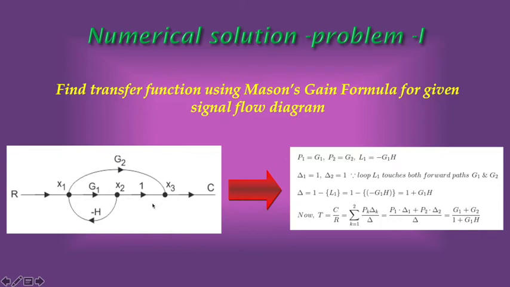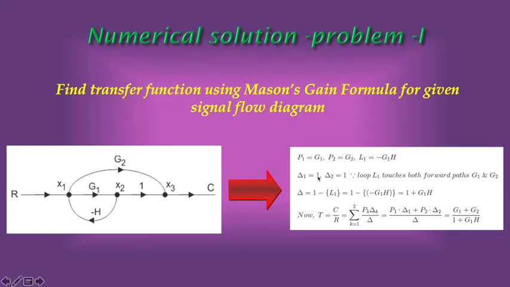Then find the loops. Loop 1, this is x1 to x2 to x1. So G1 into minus H. The loop 1 is minus G1 H. There is no other loop. Then find delta 1 equal to 1 minus loops that do not touch the forward path.